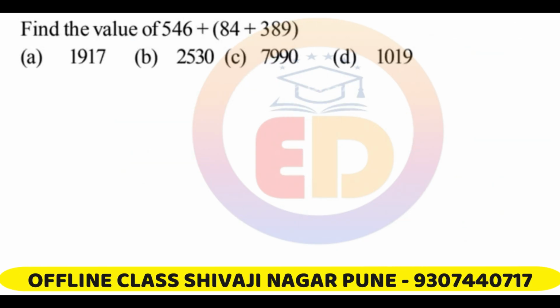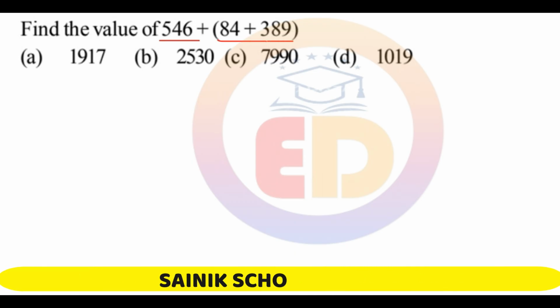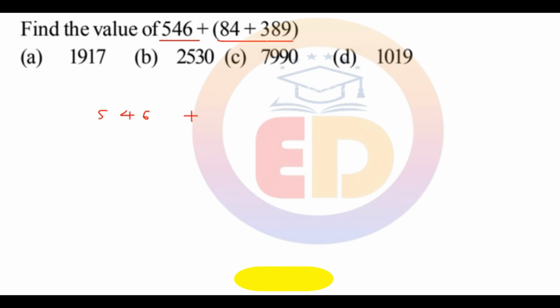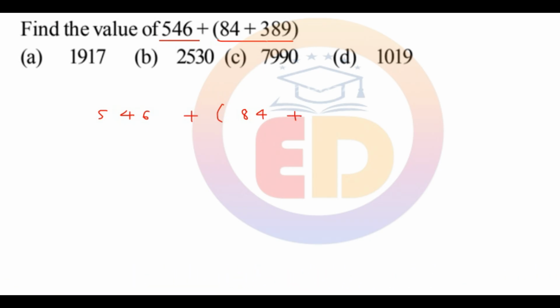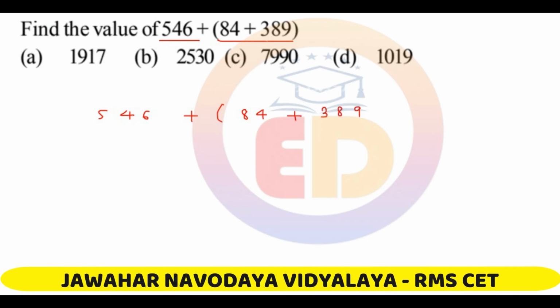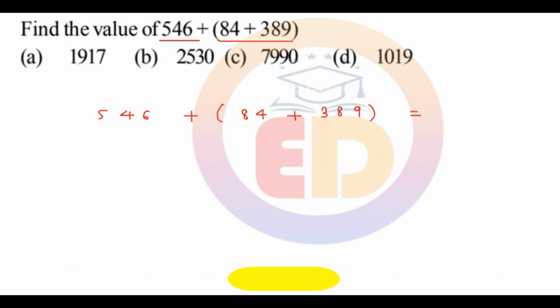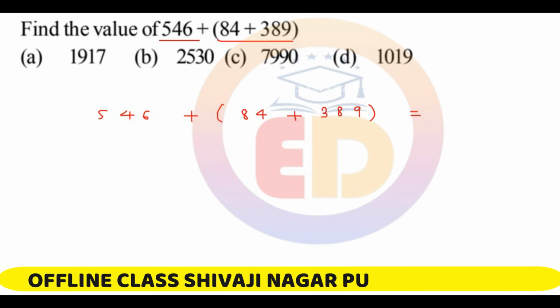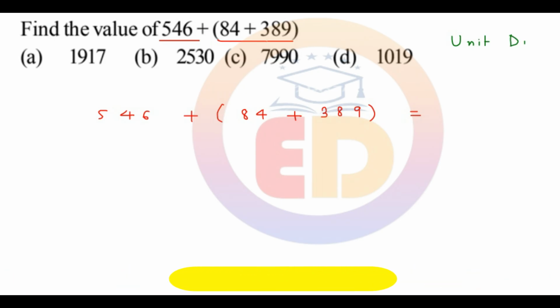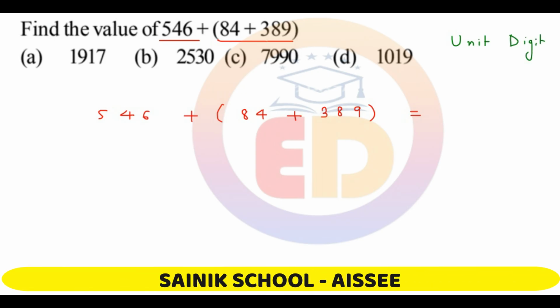Find the value of 546 plus bracket 84 plus 389. Now friends, no need of actually solving the questions, no need of actually doing the complete calculation, just use the unit digit method.